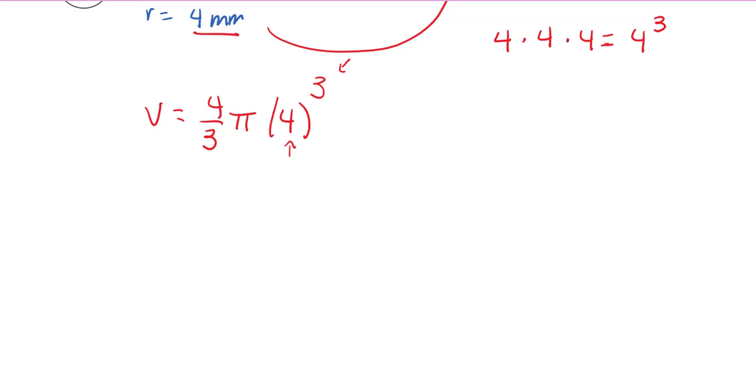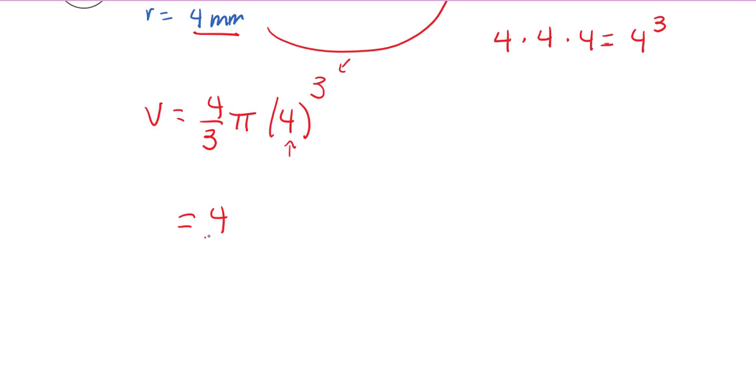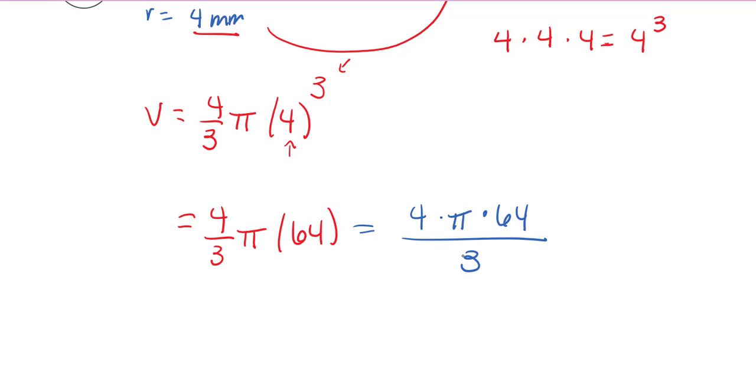But if you aren't sure, let's just go ahead and pull out our calculators. So we have 4 raised to the 3rd power, and we get, as I said, 64. Now, let's put that in. What this looks like is 4 times pi times 64, and then we can just divide it by 3.